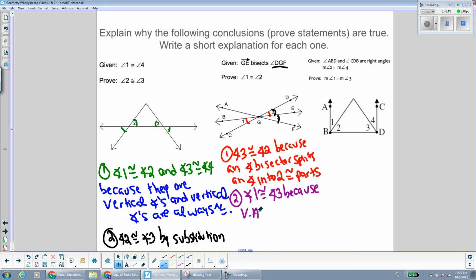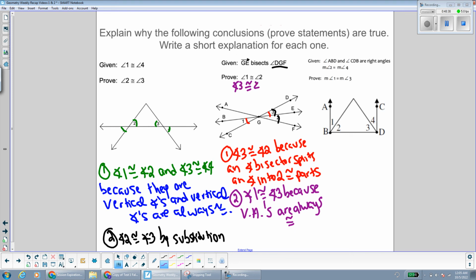And vertical angles, I'm just abbreviating for lack of space. You should write out the word vertical angles, are always congruent. Then finally, we just need to justify why that means angle 1 is congruent to angle 2. Well, angle 3 is congruent to angle 2.